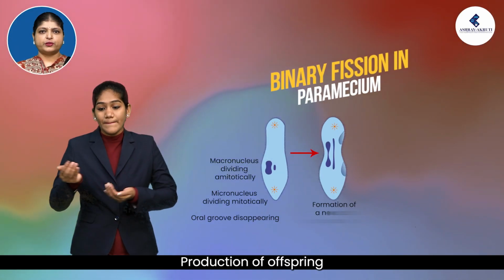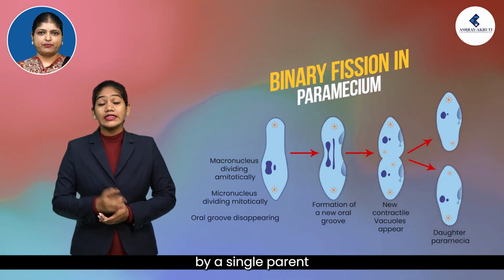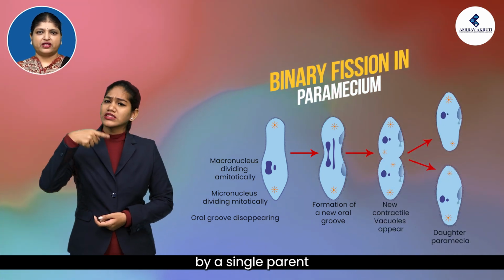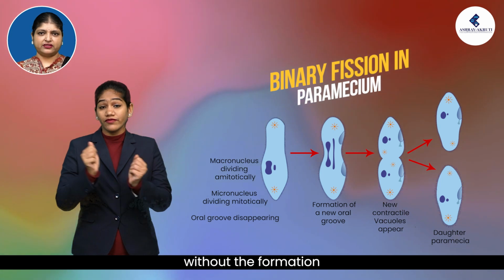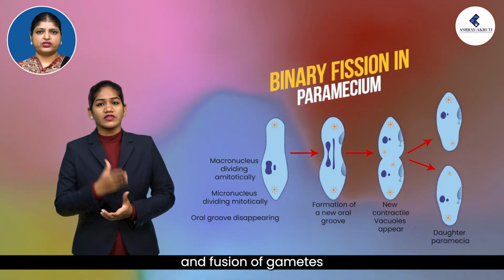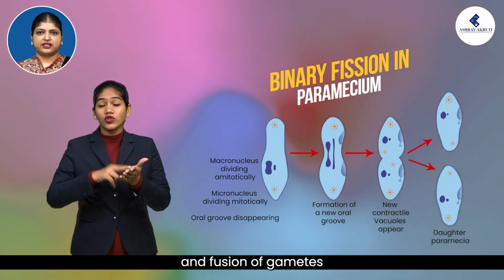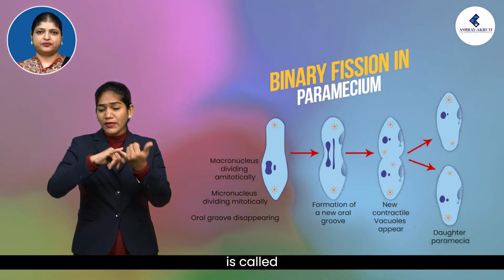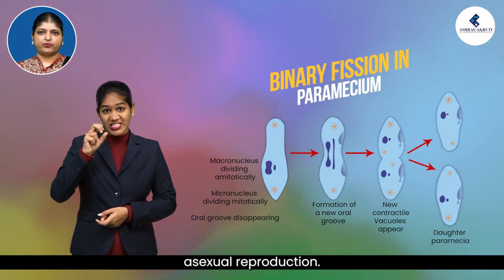Production of offspring by a single parent without the formation and fusion of gametes is called asexual reproduction.